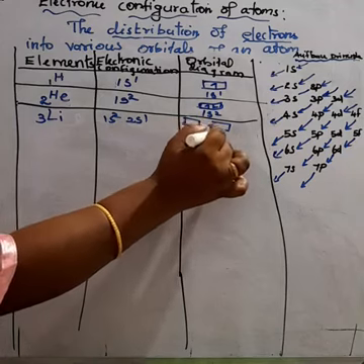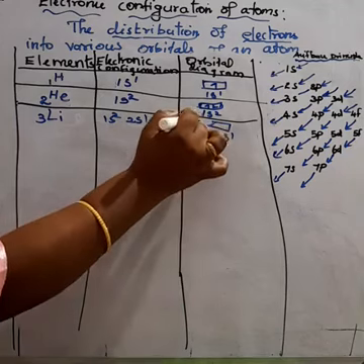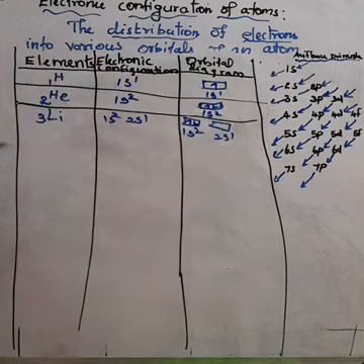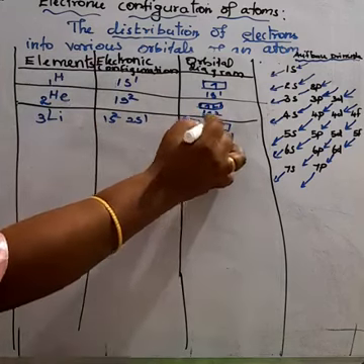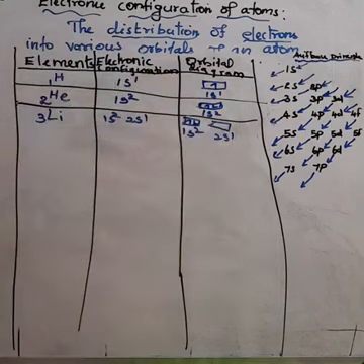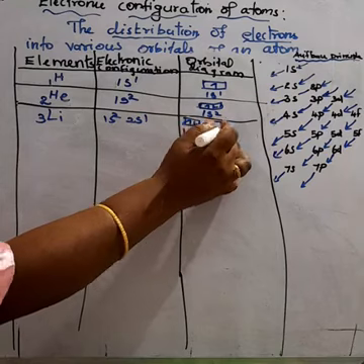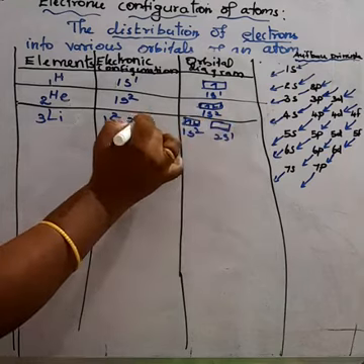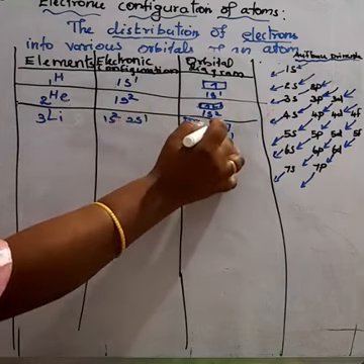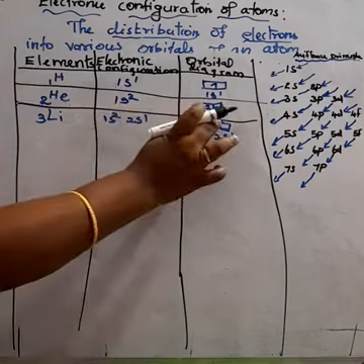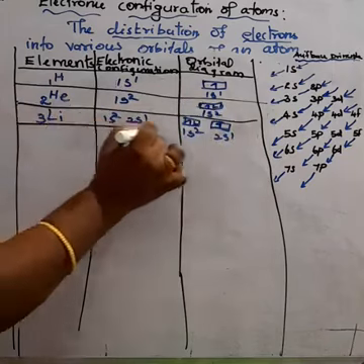One electron is up spin and the other is down spin, one clockwise and the other anti-clockwise. This is the 1s orbital with 2 electrons, and then 2s1. This is the 2s orbital. How many electrons are there? Only 1 electron, so we write it in up spin.